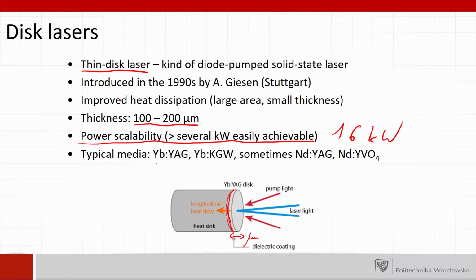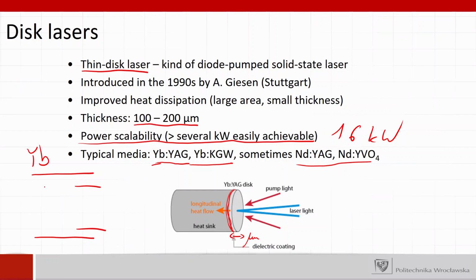Usually they are based on ytterbium disks, or also sometimes neodymium, but usually crystals doped with ytterbium. So ytterbium is another lanthanide, rare earth ion, and ytterbium is also a 4-level system.